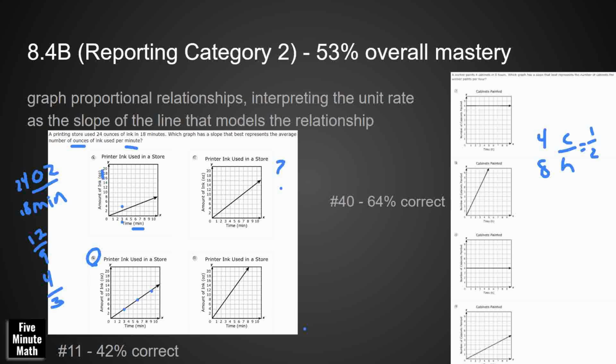Look at these two answer choices. C and A are just horizontal lines. So hopefully we have students that look at that and say, nah, I don't think so. So 1 cabinet in 2 hours, right? That's going to be down here on D because you're going to have a pretty shallow slope. B is way too steep. So our answer there is D.